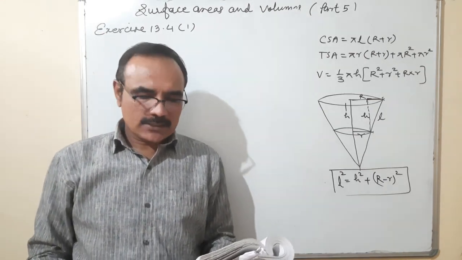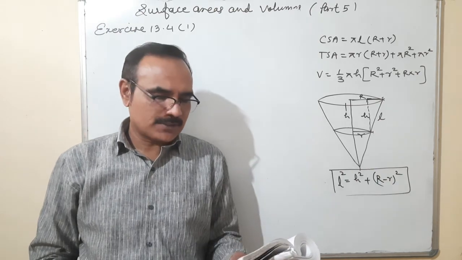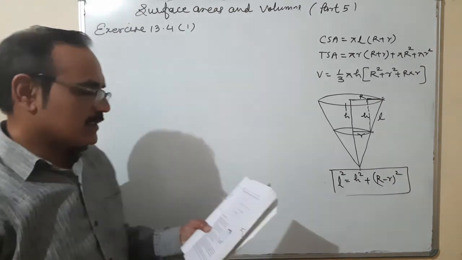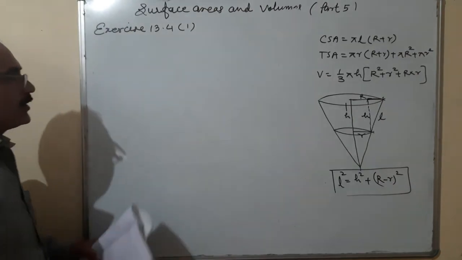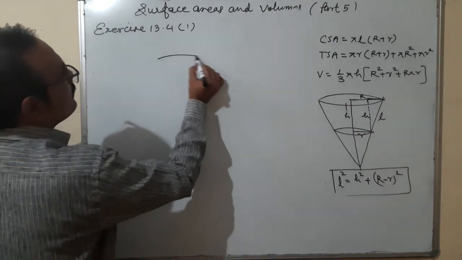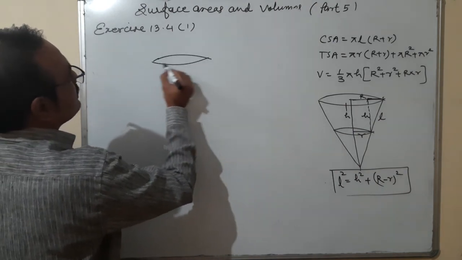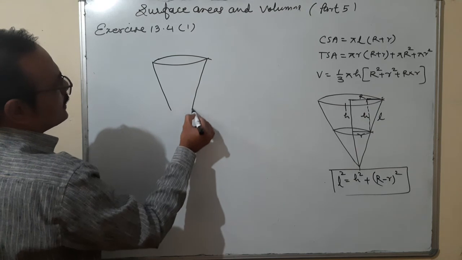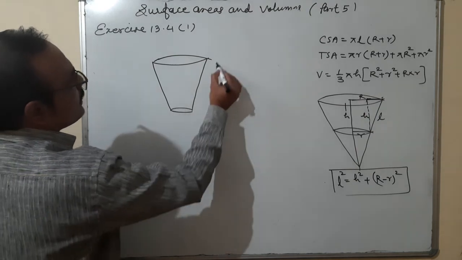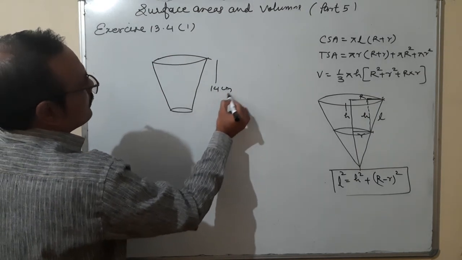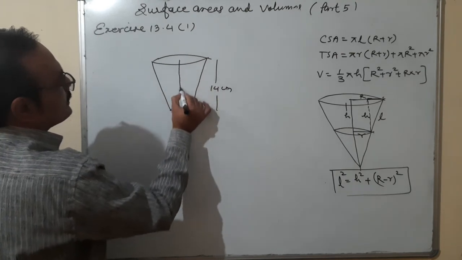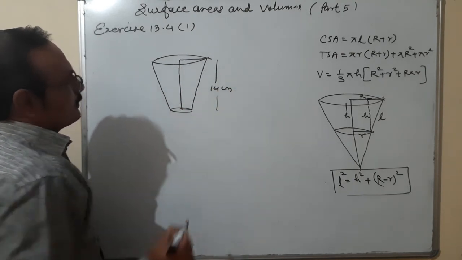Okay. Glass, bucket, these are in the shape of frustum. Height of the glass is 14 cm. Okay. Height means the plane height here.